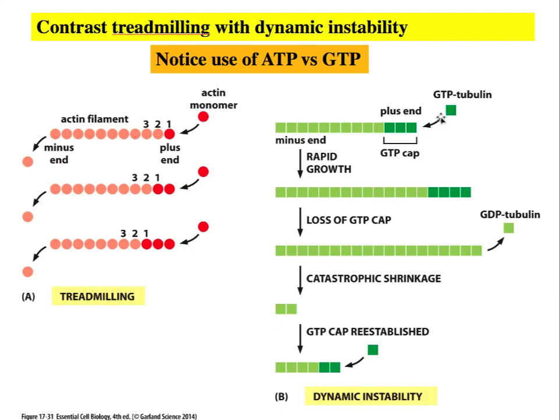But this unit here that's been added recently will be right here, and new units will be added until such time as the shrinkage, and those units will be removed, including the one that we were interested in right here, until a point is reached where it starts growing again. So this is a dynamic process with this wholesale expansion and contraction, whereas in treadmilling, everything takes place at the appropriate side without the other side being involved.